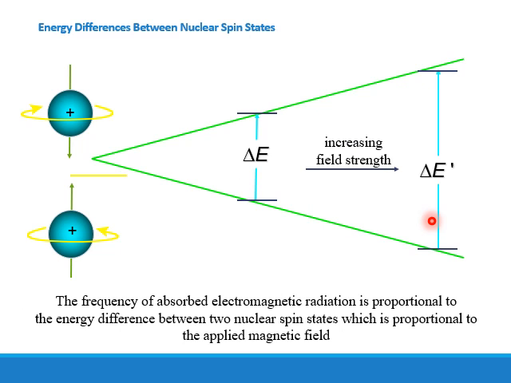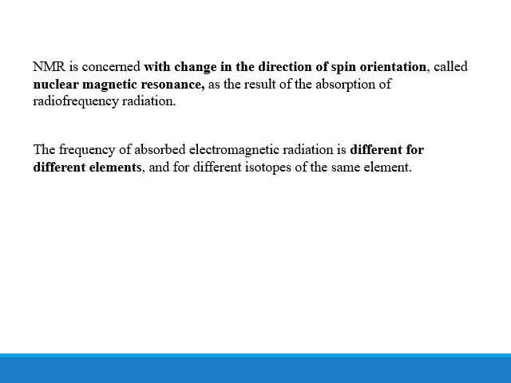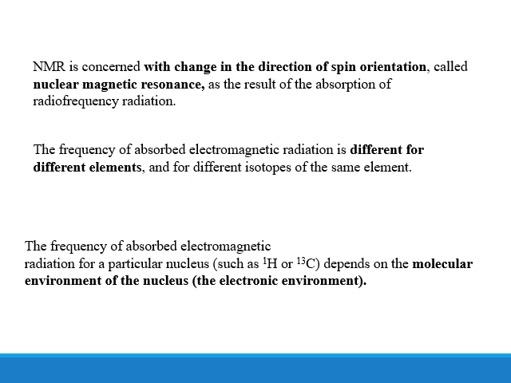The frequency of absorbed electromagnetic radiation is proportional to the energy difference between two nuclear spin states, which is proportional to the applied magnetic field. So NMR is concerned with change in the direction of the spin orientation, called nuclear magnetic resonance, as a result of the absorption of radiofrequency radiation.